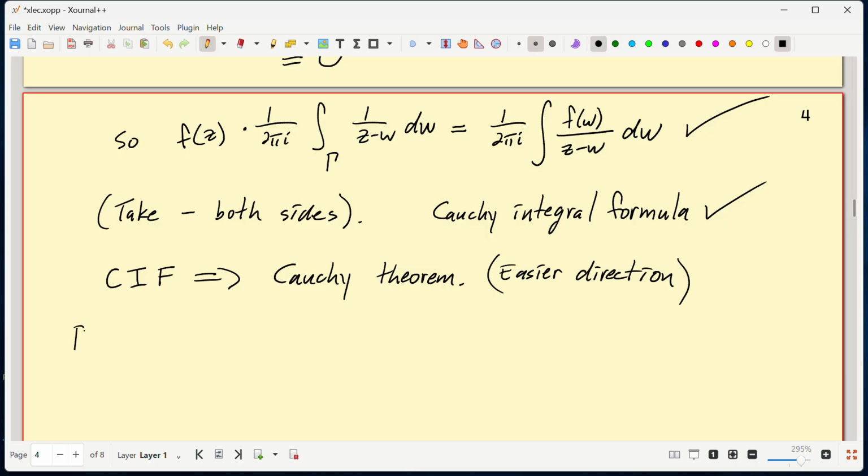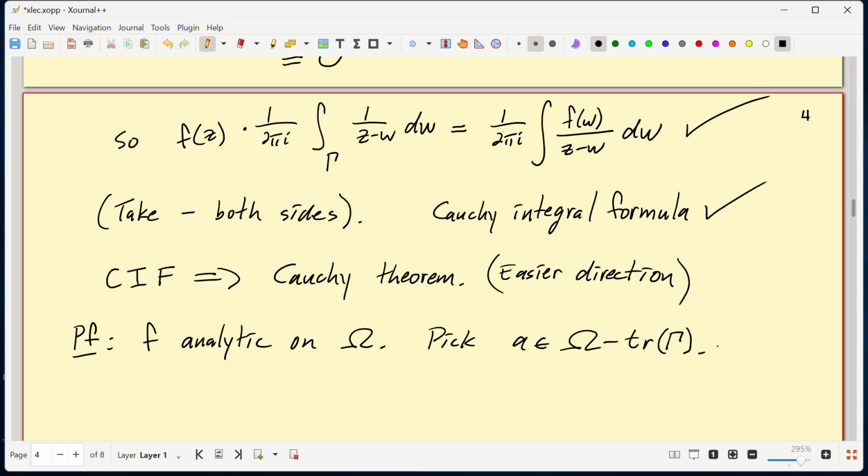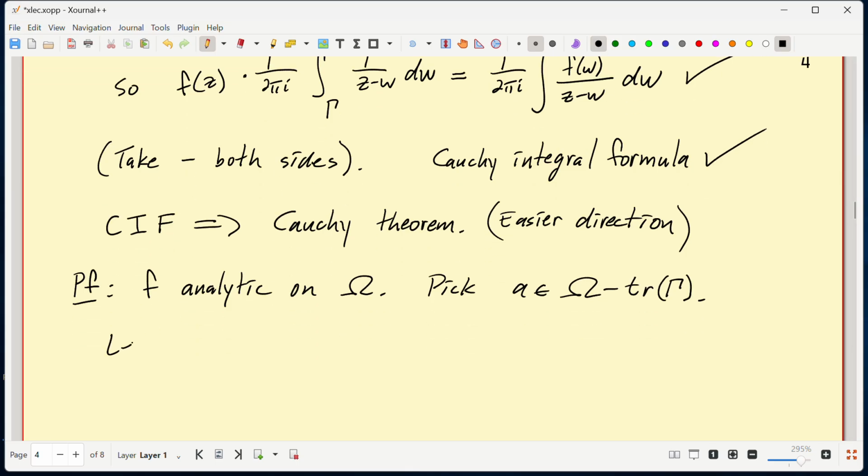So the proof of that, suppose you have an f. Suppose f is analytic on omega. Pick an a in omega minus the trace of gamma. And let capital F of z be z minus a times f of z.